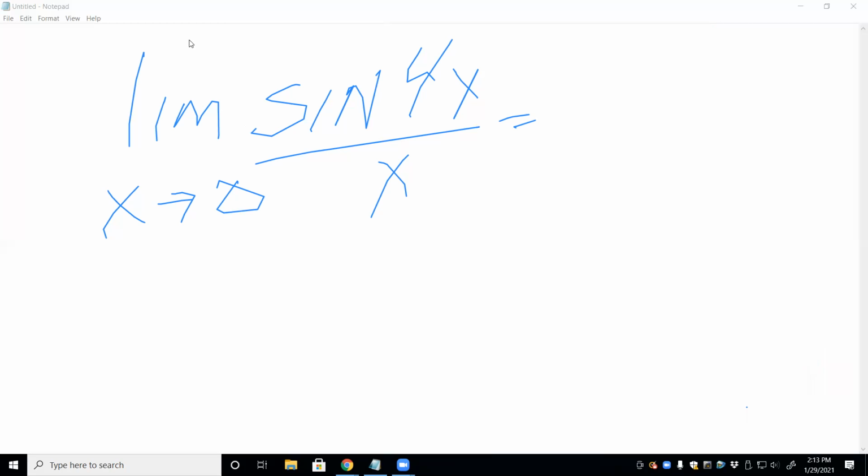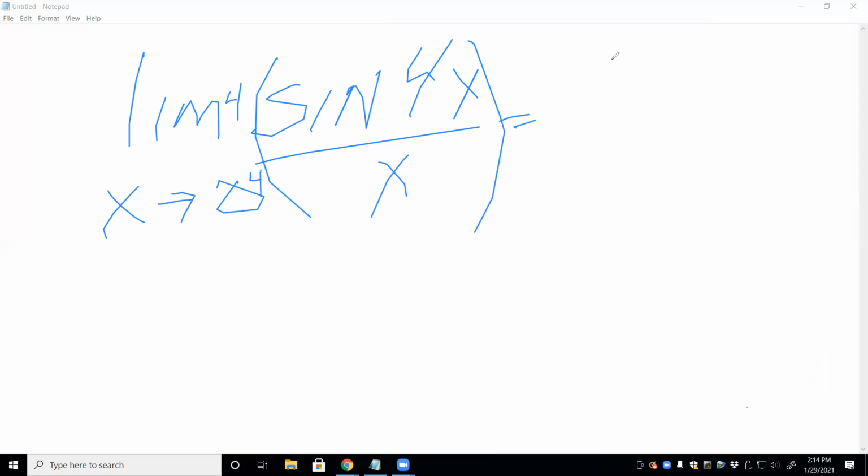So, if I want to figure out what this limit is, well, I don't have sine x over x. I got sine of 4x over x. But what can I do? I can take this function and multiply top and bottom by 4. Can I not? Yes, you can. Always multiply any function by the number 1. And 4 over 4 is the number 1.